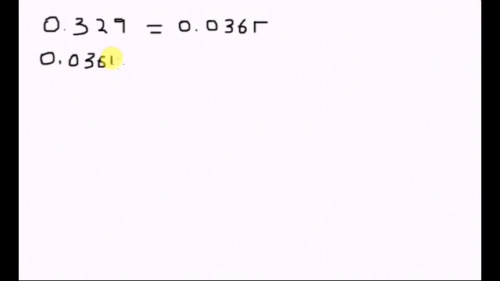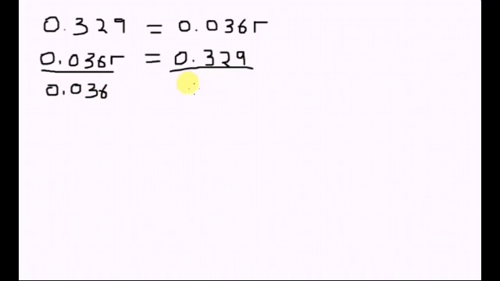So that is going to be 0.329 is equal to 0.036 R. Then I can say 0.036 R is equal to 0.329, divided by 0.036 on both sides.